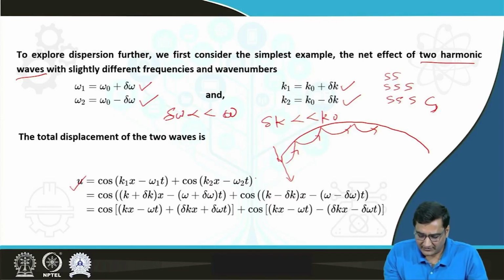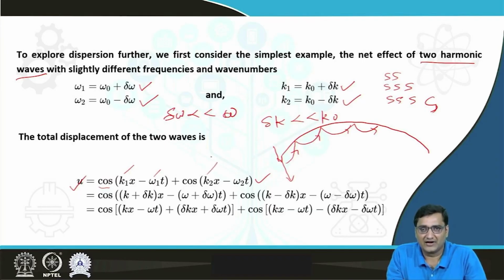When we sum those waves up, we get cos(k1x minus omega 1t) plus cos(k2x minus omega 2t). If you remember, we considered two simple harmonic waves, which is why we are representing these two waves as cosine waves, one having the parameters k1 and omega 1, and the other having the parameters k2 and omega 2.